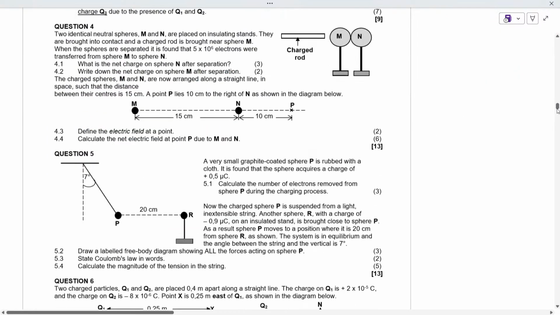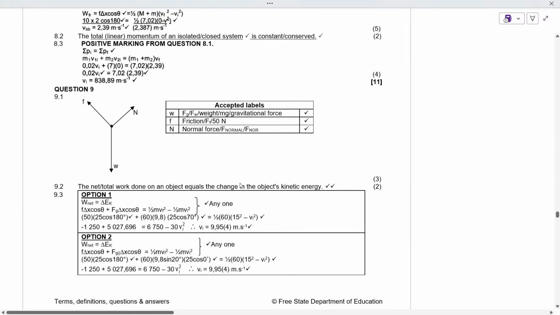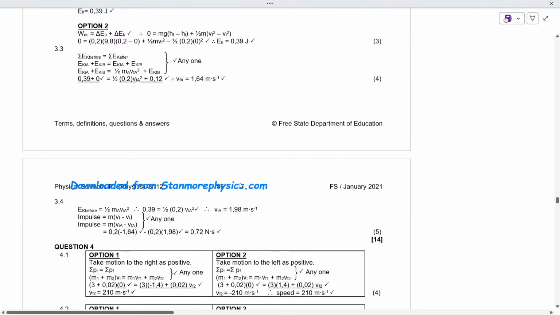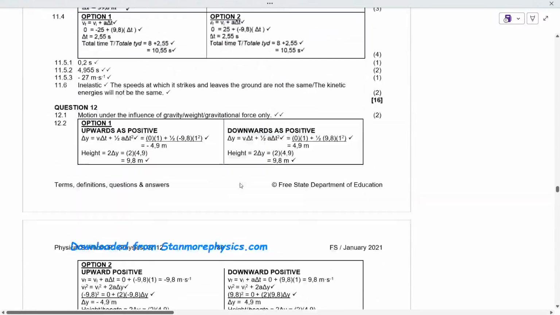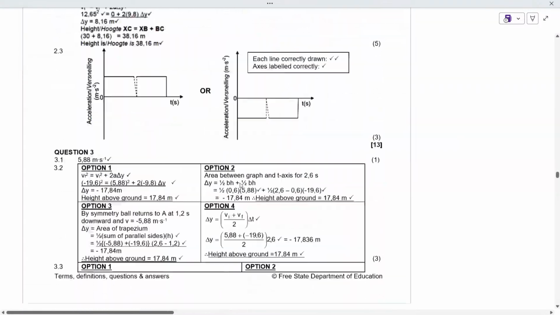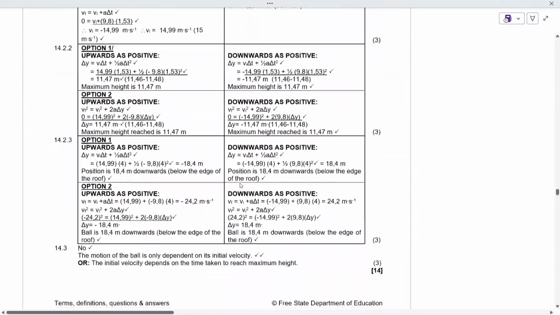I think it's down there. This is momentum. This is work. Is this work before or after electrostatics? It's probably after.